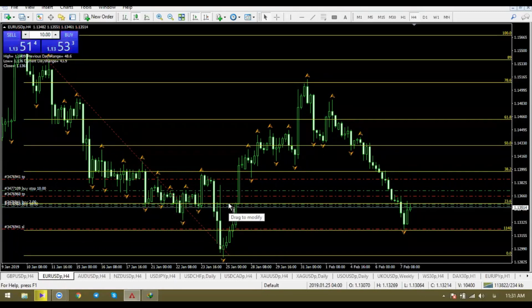You should wait to see if it breaks it or not. It has broken it. The candle passed the pivot. I enter the buying process and I exit here. We wait if it breaks it or not. If it breaks it again, we will enter the buying process again.